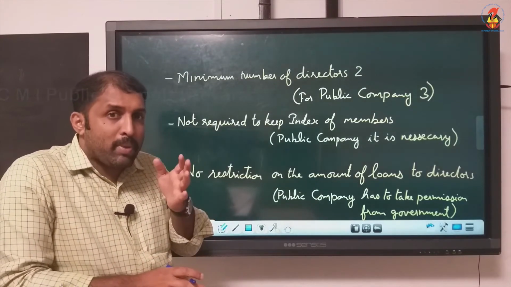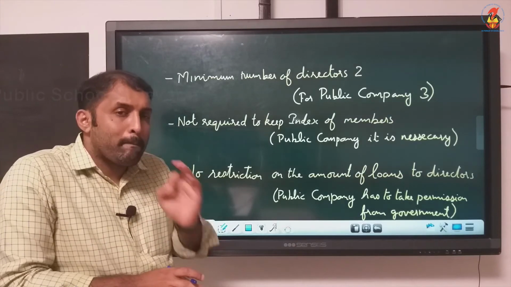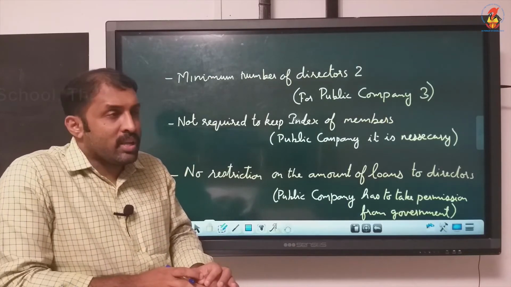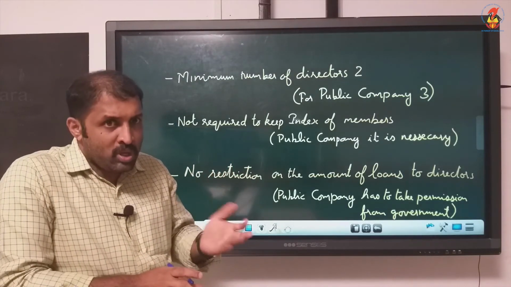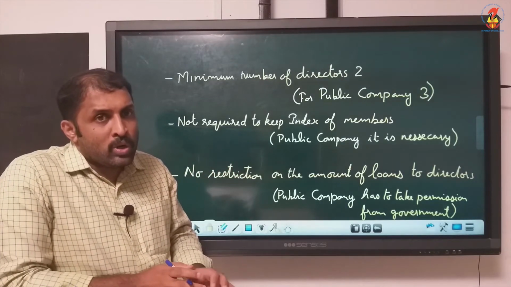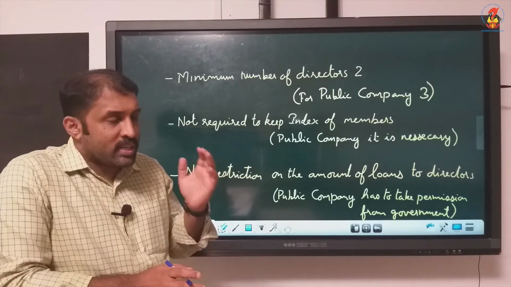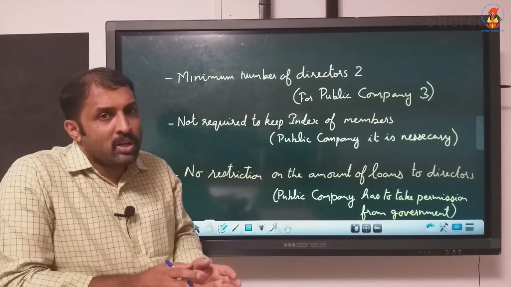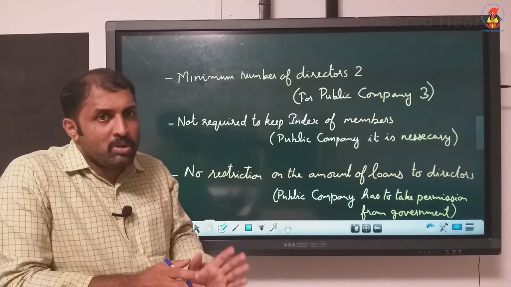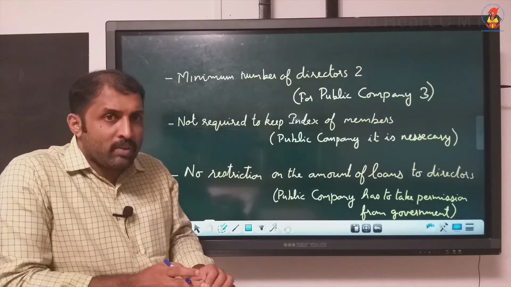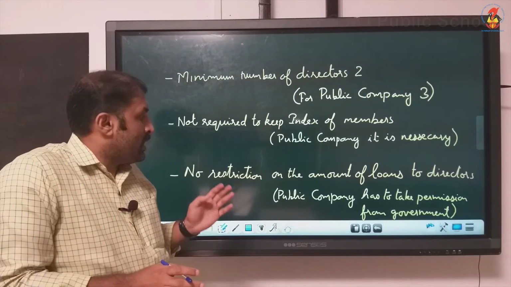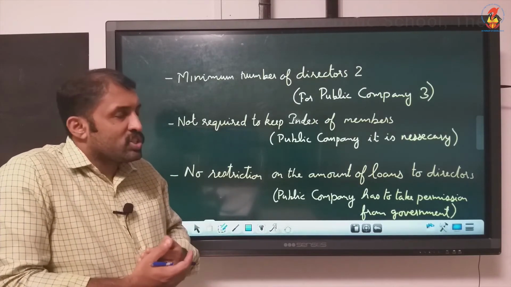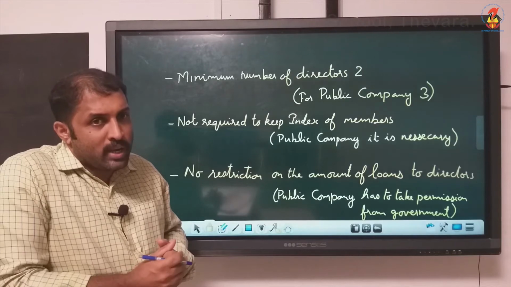Whereas a public limited company has to compulsorily maintain this index of members, and it has to be submitted to the concerned authorities. So the index of members is not required to be maintained by a private company, whereas a public company has to.